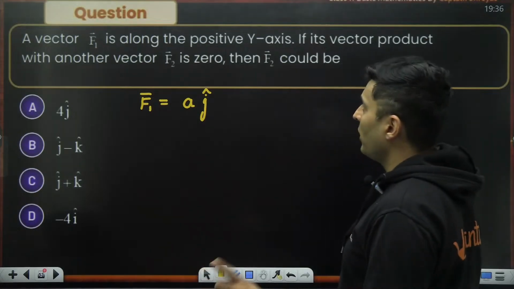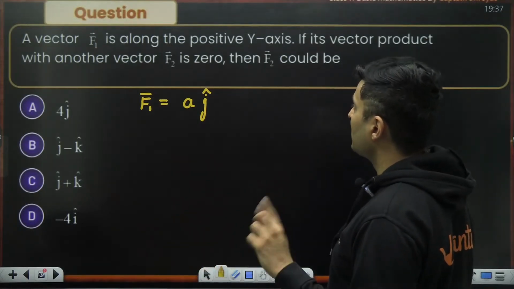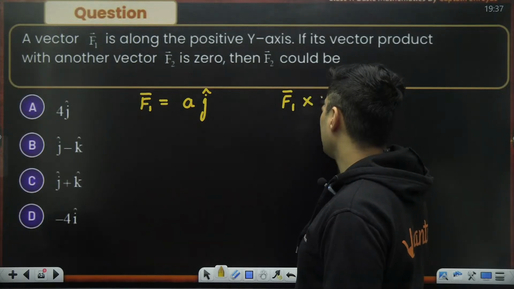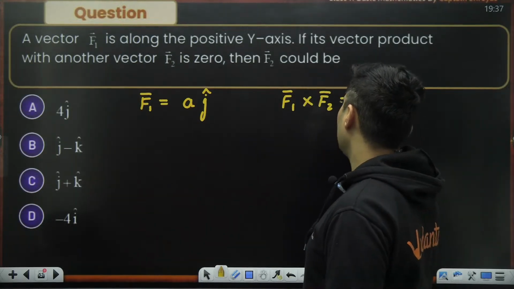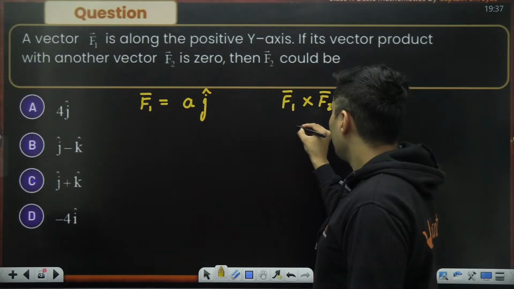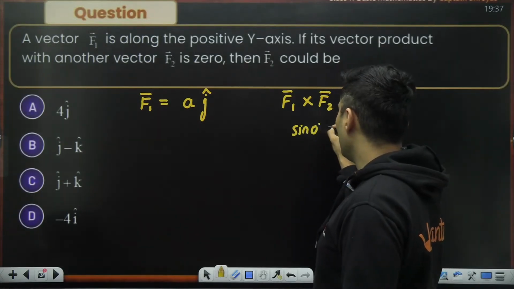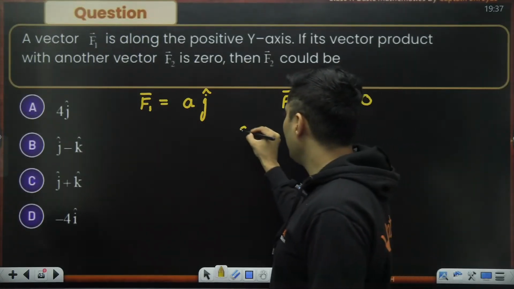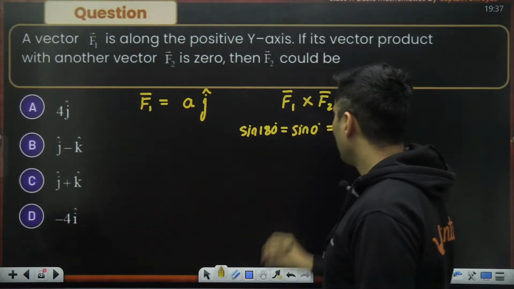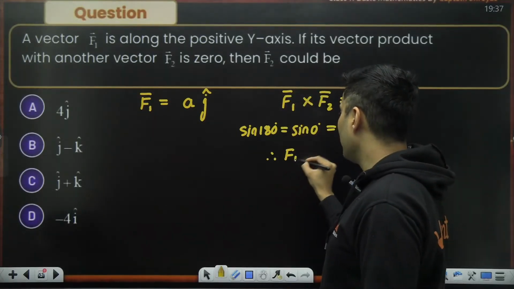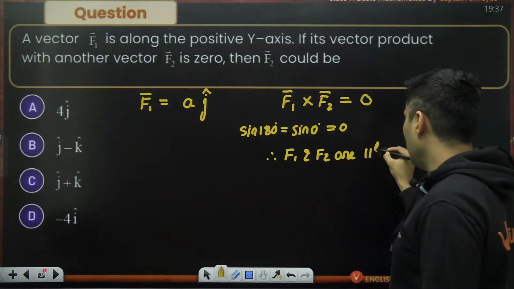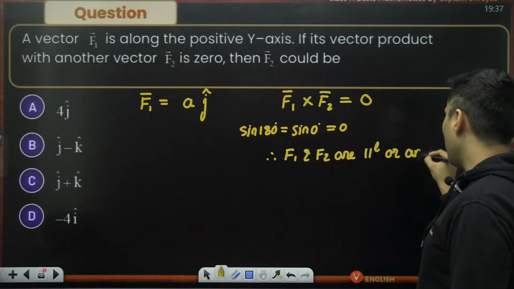If F1 cross F2 is 0, it could mean either sine 0 is 0, or sine of 180 is also 0. Therefore, F1 and F2 are parallel or anti-parallel.